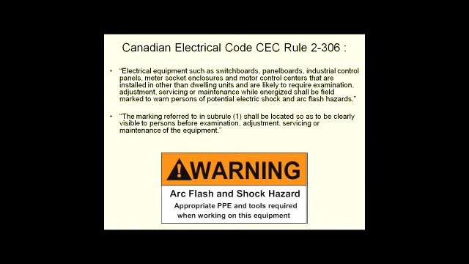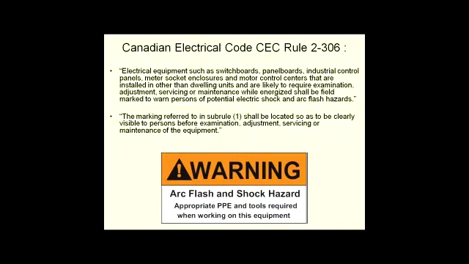Canadian Electrical Code, CEC rules: electrical equipment such as switchboards, panel boards, industrial control panels, meter socket enclosures, and motor control centers that are installed in other than dwelling units. What's a dwelling unit? It's a house or apartment where people live.